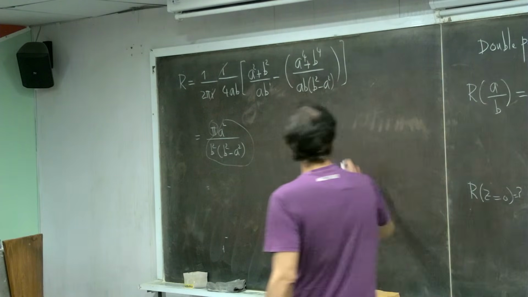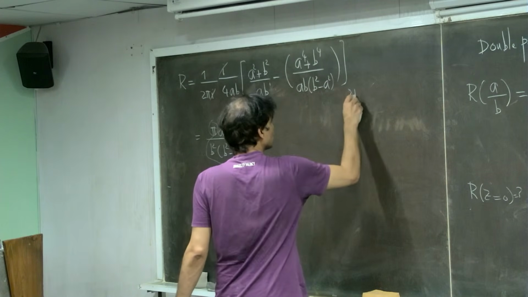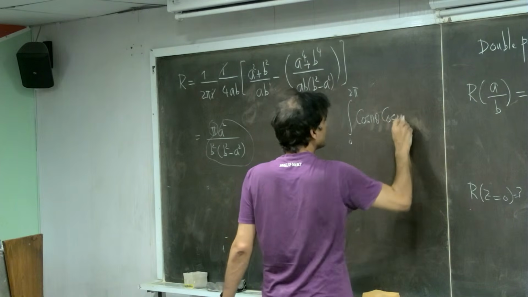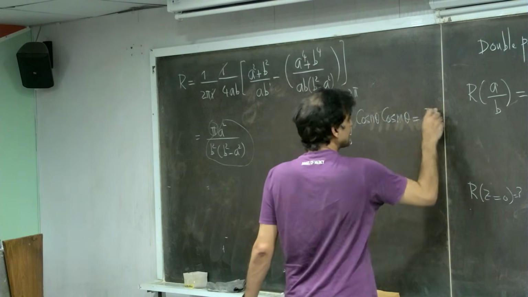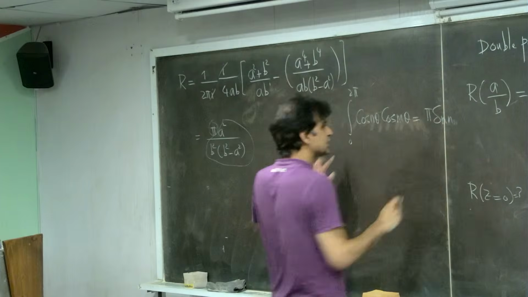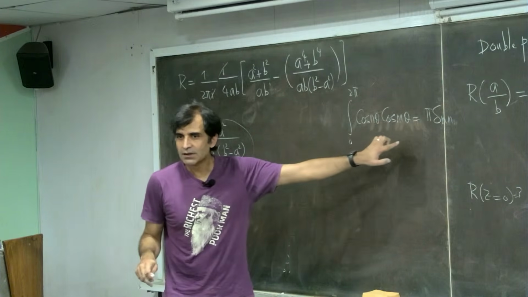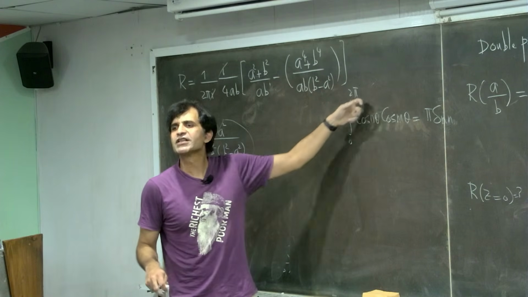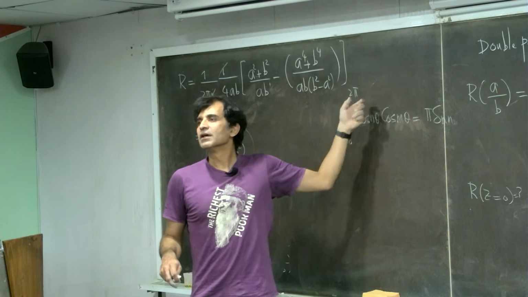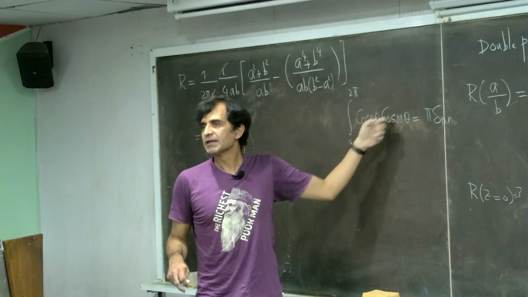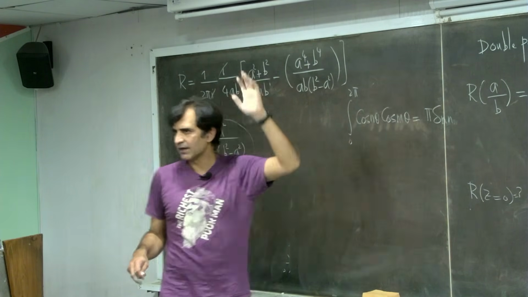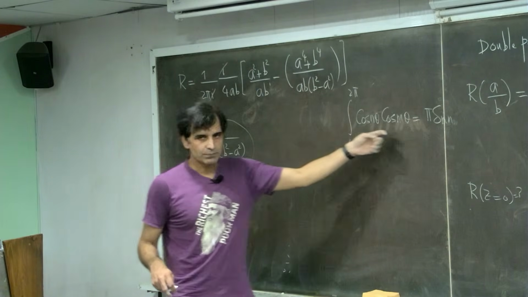You have to use two identities: the integral from 0 to 2 pi of cosine n theta cosine m theta is equal to pi times delta nm. If n and m become the same, then you have cosine squared, and you can always use the double angle formula, 1 plus or 1 minus cosine. So this you can easily do.